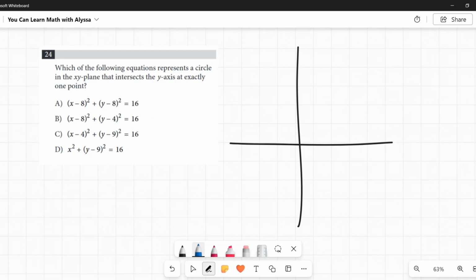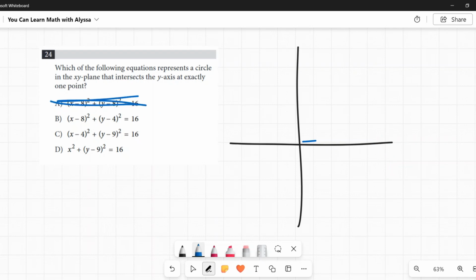So minus 8, that means it's going over here 8. And then y minus 8 means it's going up 8. And equals 16 means a radius of 4. So that radius is only like this. That's not touching anything. Nope, that's not it. A is out.